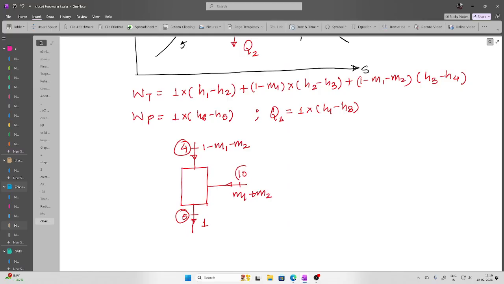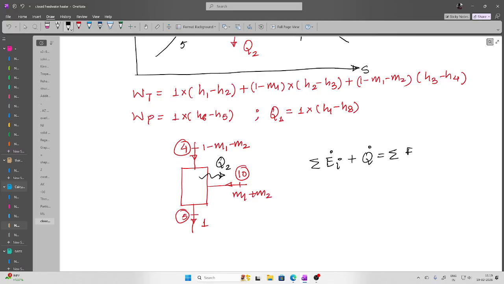Here we have to write the energy balance, and at the same time this is releasing heat into the atmosphere, Q2. From the steady flow energy equation, energy entering plus heat transfer equals energy exiting plus shaft work. This is the SFE, the steady flow energy equation. There is no shaft work involved, neglecting kinetic and potential energy terms.